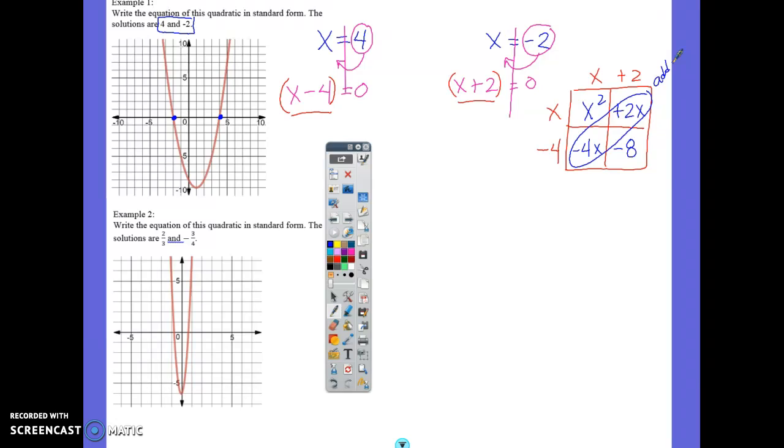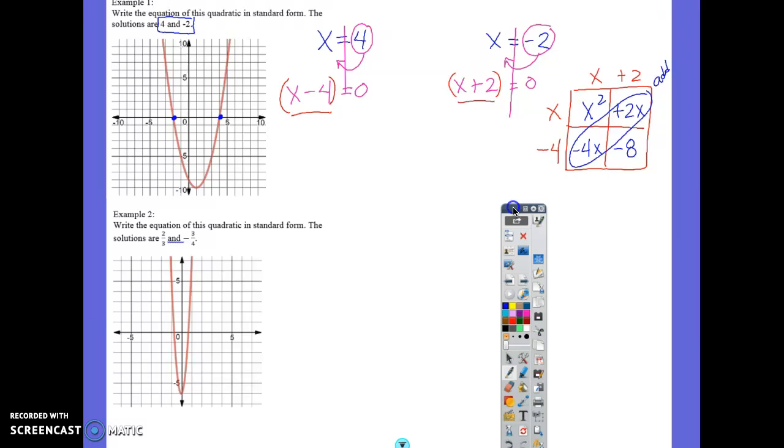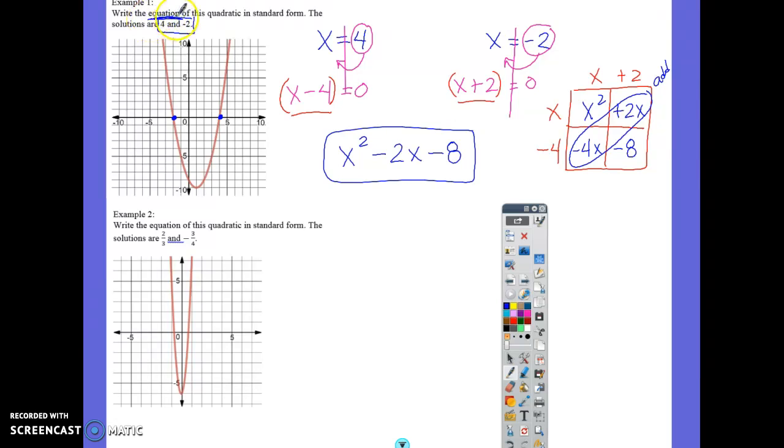Use the calculator. Negative 4 plus 2. Negative 2. So my quadratic is x squared minus 2x minus 8. And that's your final answer. That's what they want. It said write the equation, not the factors, the equation when they give you the solutions.